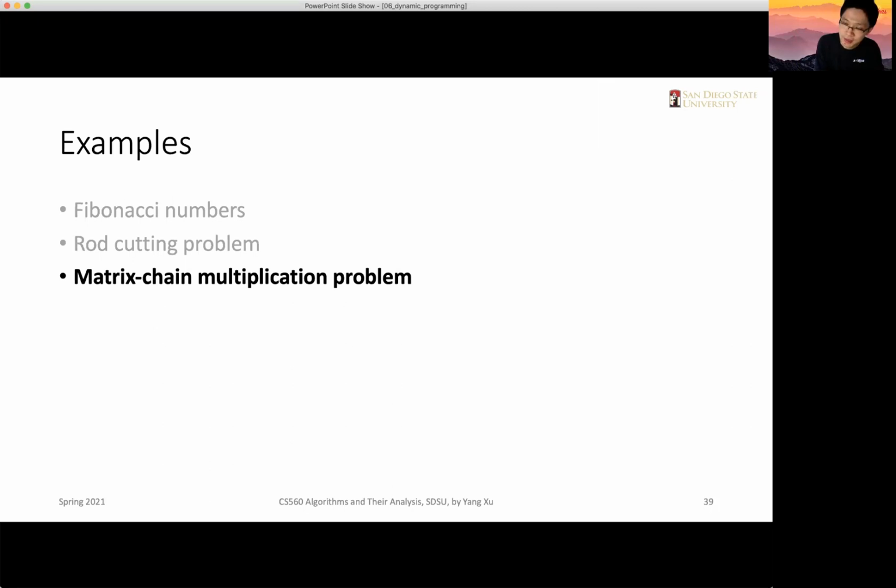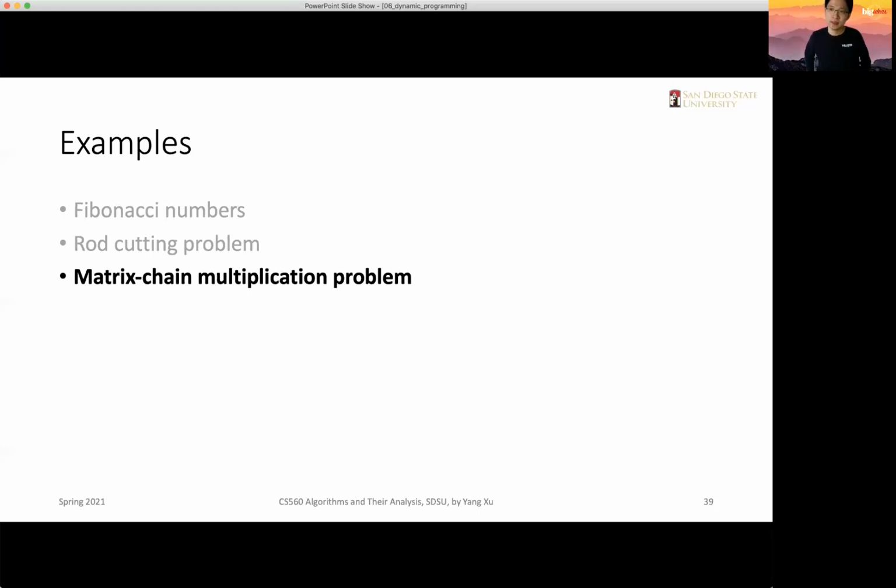When we compute the matrix multiplication between two matrices, we said we can use Strassen's algorithm to improve the running time from big O of n cubed to big O of n to the log base 2 of 7, which is 2.7 something. So it's a slight improvement, but it's a very complex method.